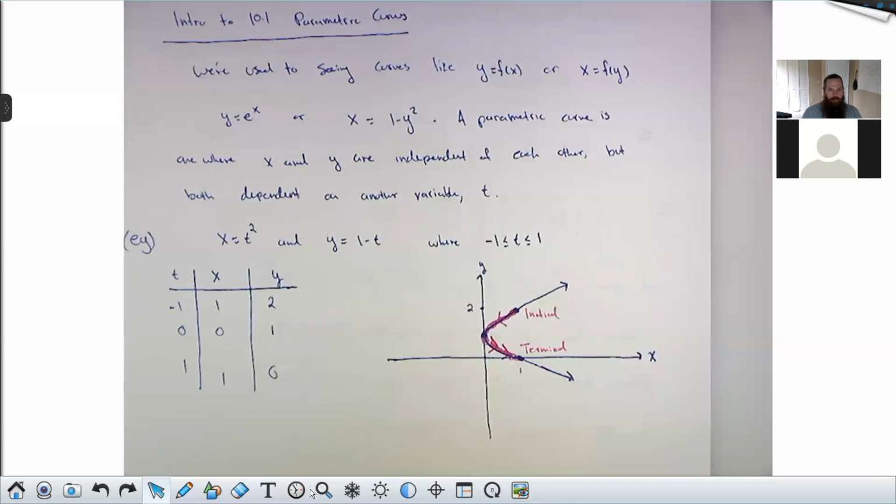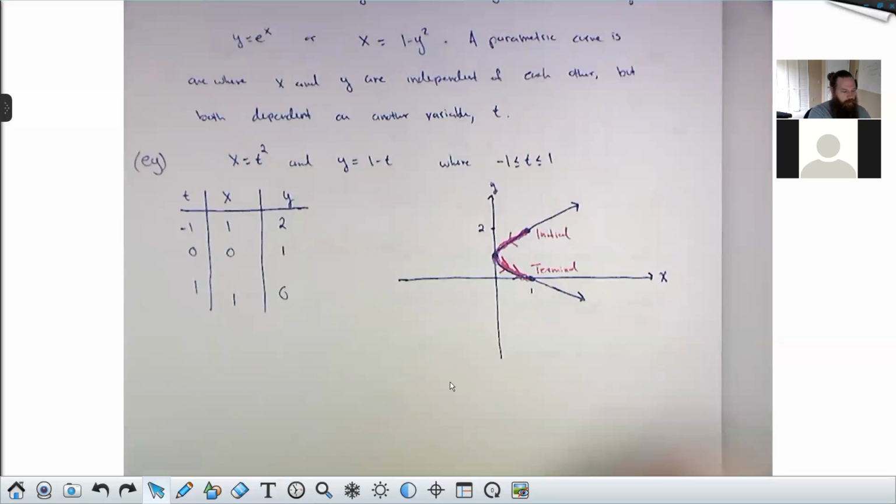So this business of expressing a curve in the plane, rather than with y as a function of x or x as a function of y, we let both x and y be functions of time. And that means that you're no longer constrained by that vertical line test stuff. You no longer need to be 1-to-1 in either direction.